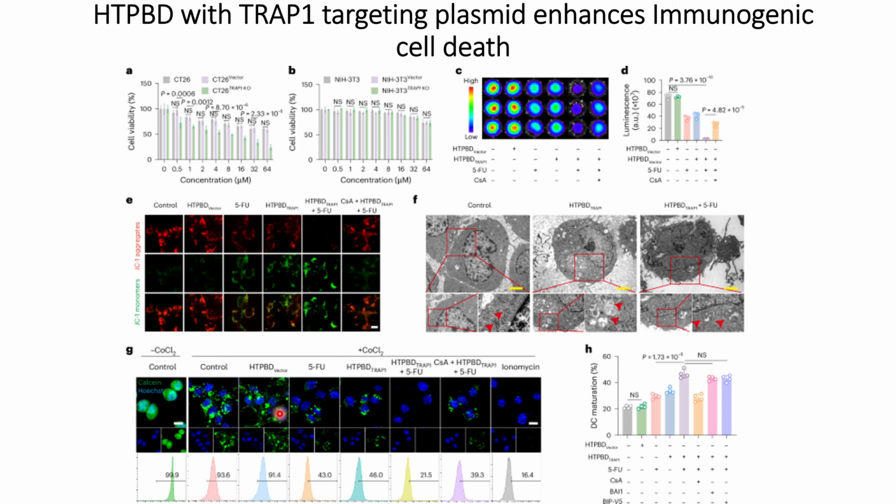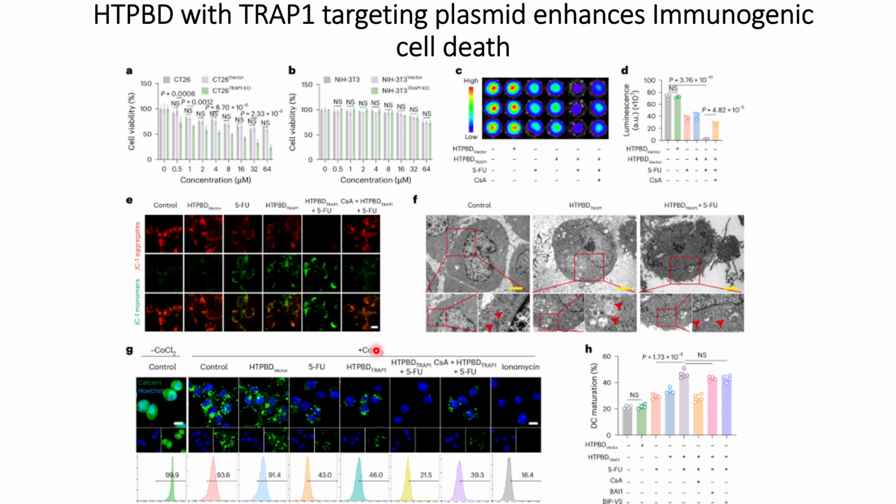When they use HTPBD vectors without the plasmid that targets the TRAP1 gene, they see signals of around 91.4%. But when they use 5FU, they see reductions in the signals in the cytosol, around 43%.